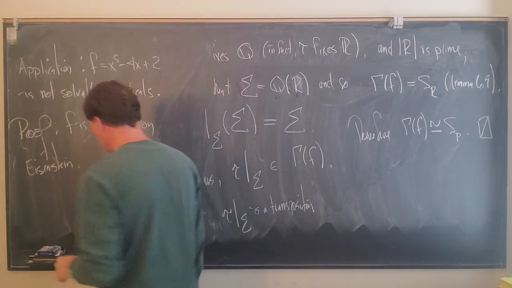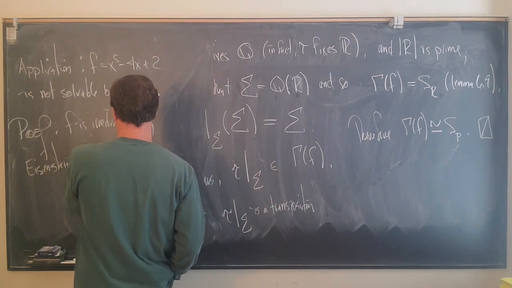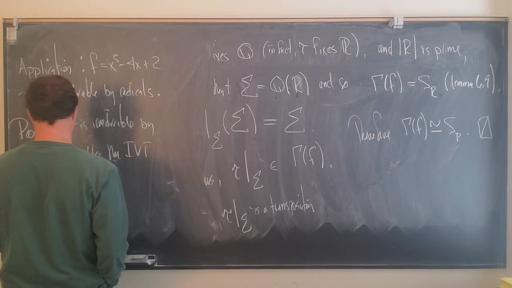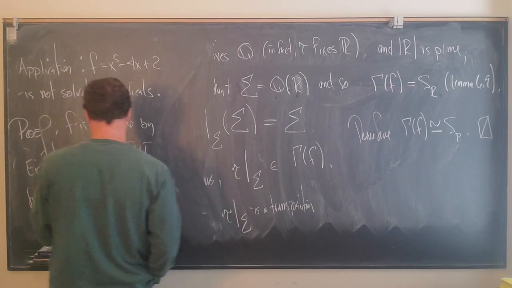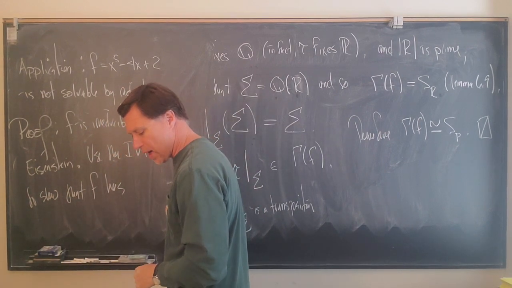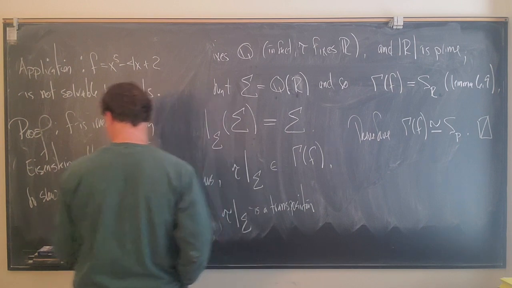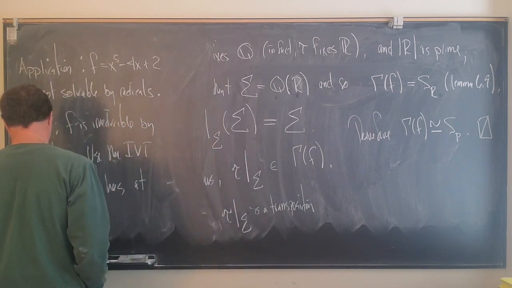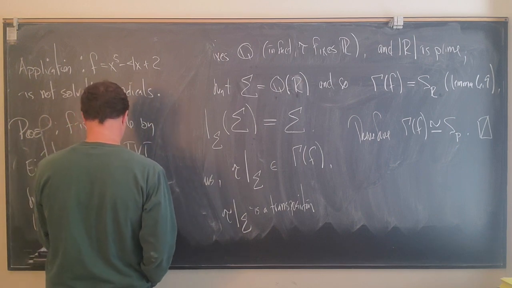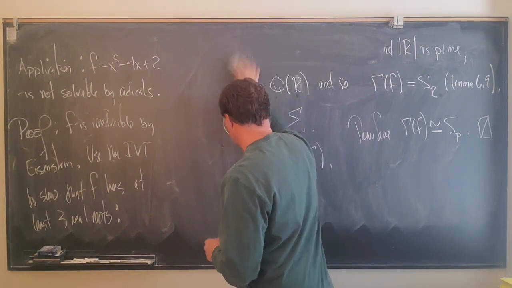Now, you can use the intermediate value theorem to show that f has exactly 3 real roots. Well, I guess at least 3 real roots. Okay, so it has at least 3 real roots.